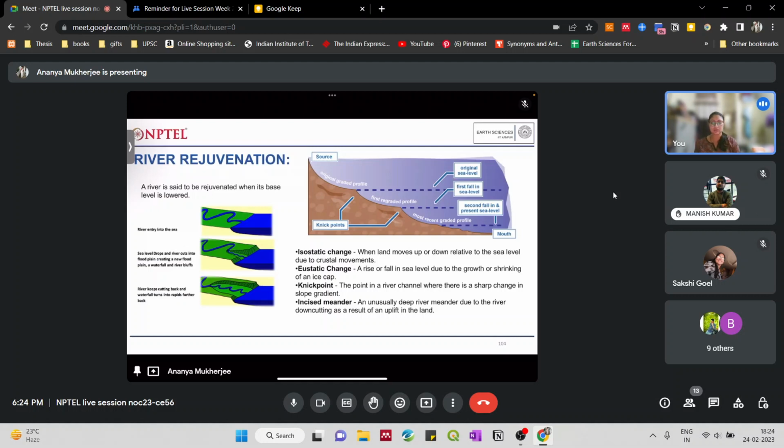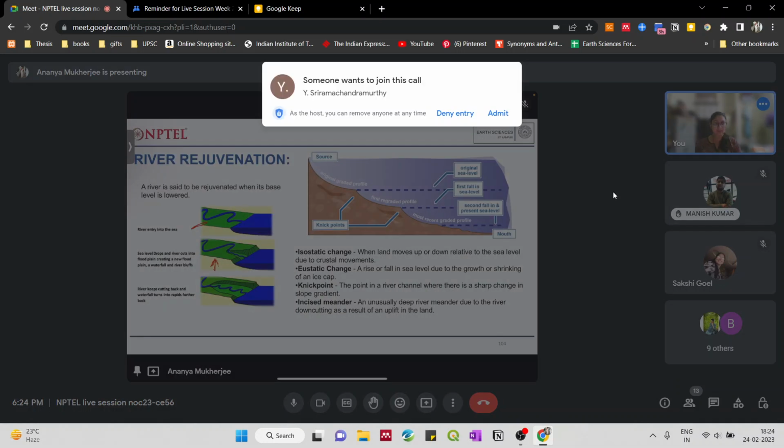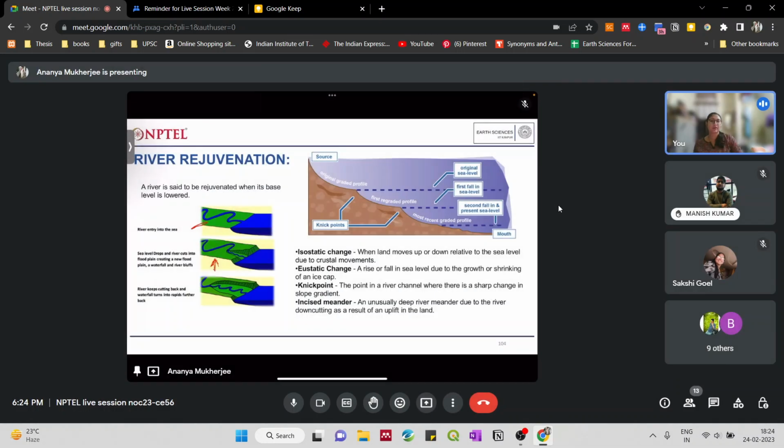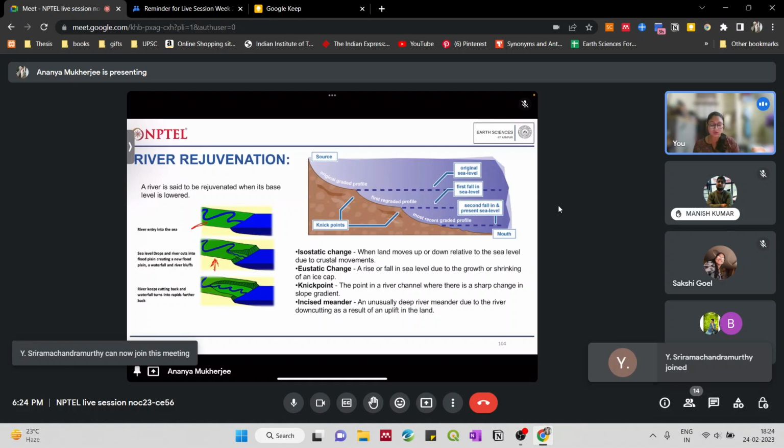Okay, so how does river rejuvenation happen? The first is the normal case, where the river is entering into the sea, maintaining the sea level. Suppose over here you see that there is an uplift of the land area. Since the land has moved upwards with respect to the sea level, you will see it has got a bit more land surface now, or you can say the relief has changed.